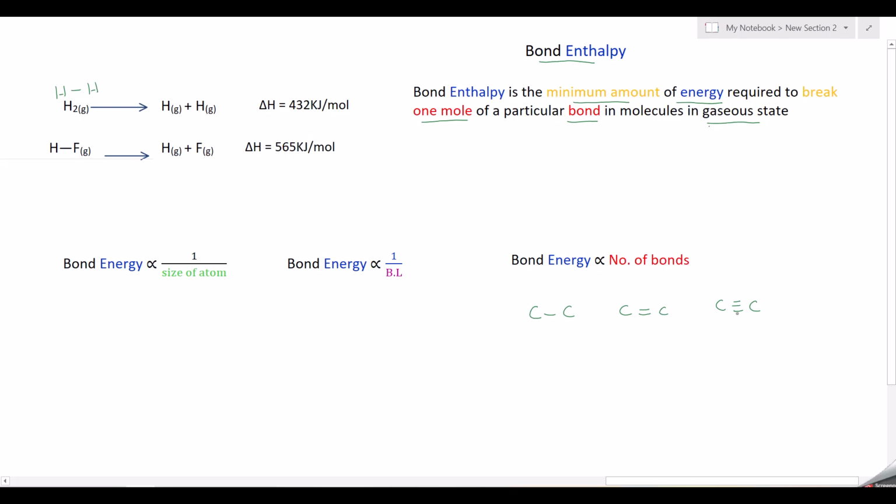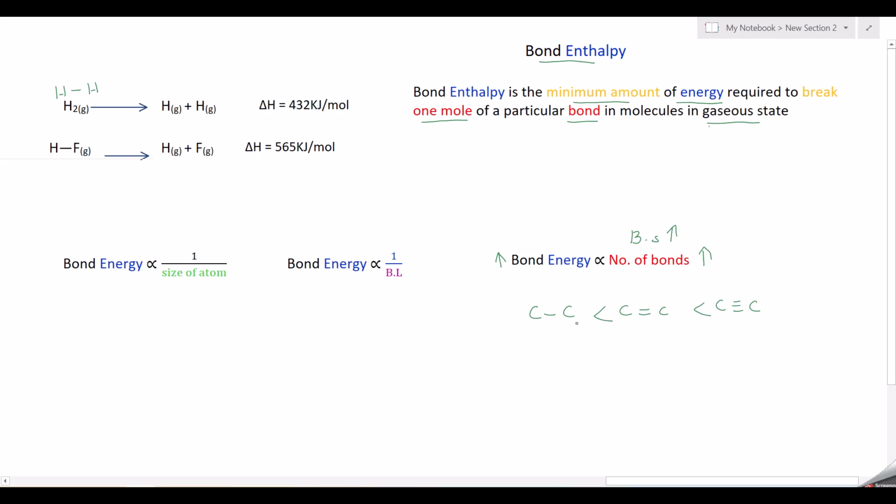So the bond length is very short and it is a very strong bond. Therefore, to break this bond, we require a large amount of energy. So, we can say that as the number of bonds increases, the bond energy also increases. When you increase the number of bonds, the bond strength increases. So, the bond will become very strong. Therefore, the bond energy also increases. Therefore, carbon triple bond carbon will have more bond energy than carbon double bond carbon.